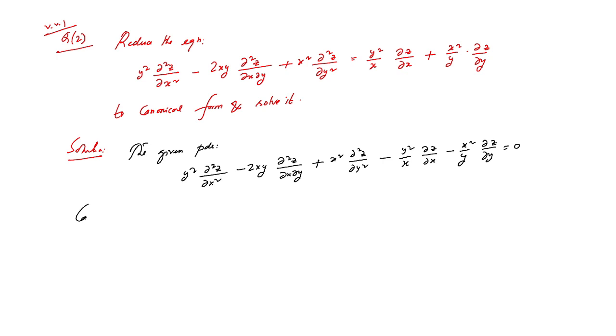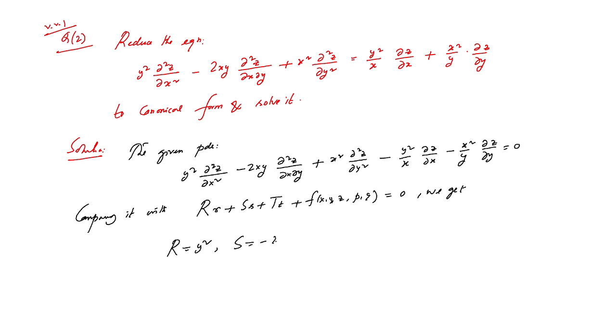Okay. So comparing it with R r plus S s plus T t plus f(x, y, z, p, q) equals to 0, we get R will be y square, S will be minus 2xy, and T will be x square. Now what will be the discriminant?